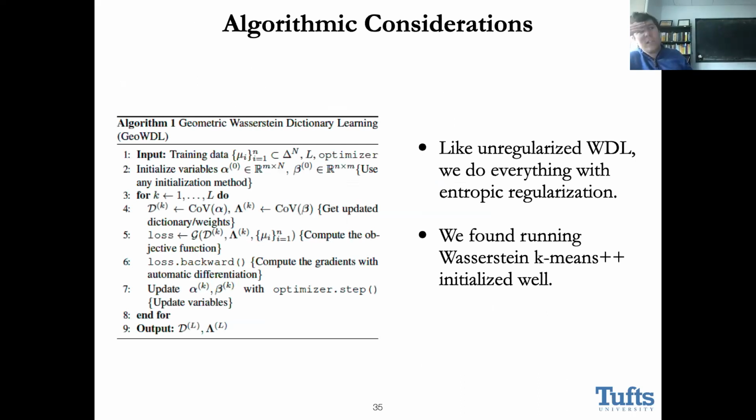So how do we actually solve the dictionary learning problem? How do we get a machine that runs something? Our code is publicly available, and I'm certainly happy to talk to you about it. Essentially, we do everything as is done in the classical Wasserstein dictionary learning setting with the new regularizer built in as needed.